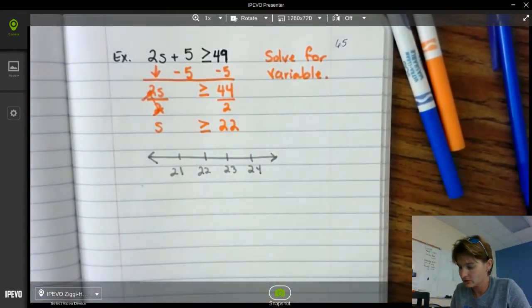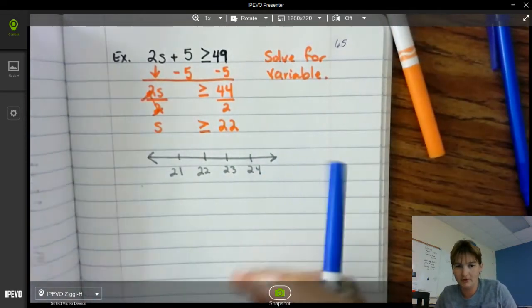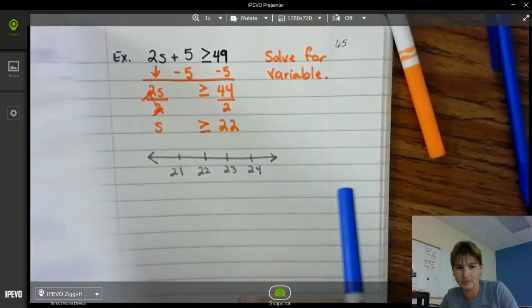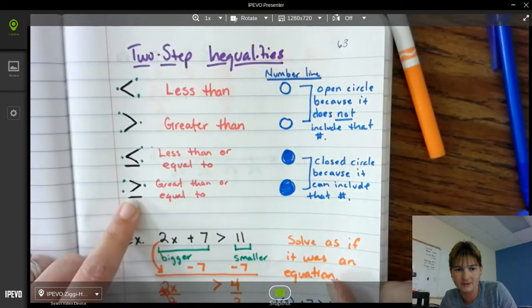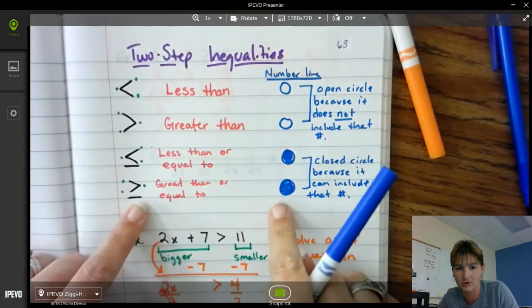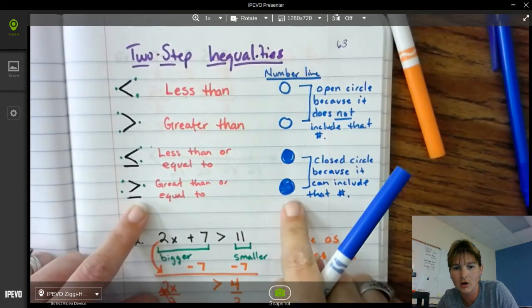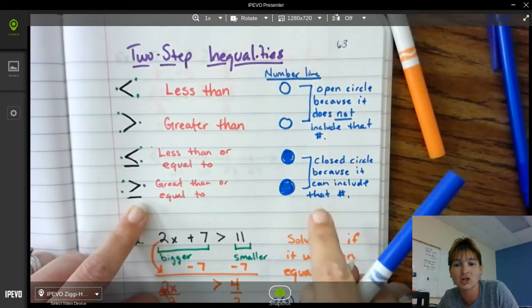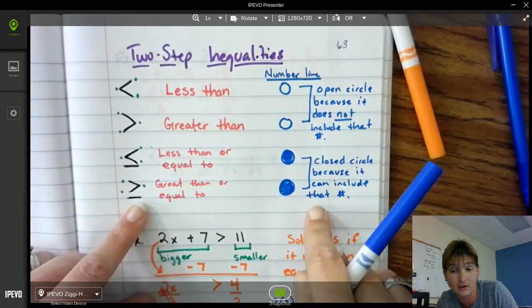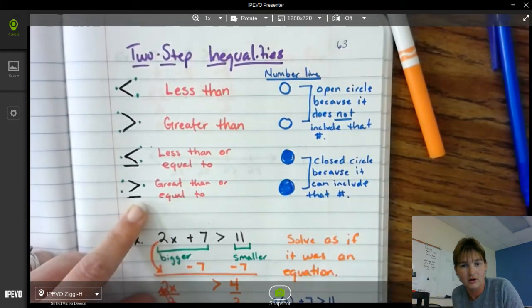All right, so when we plot this point, if you remember from the front page, and I'm going to flip over real quick, when we have the greater than or equal to symbol, we put a closed circle on the number line because it's saying that this number can be included as a value of the variable.